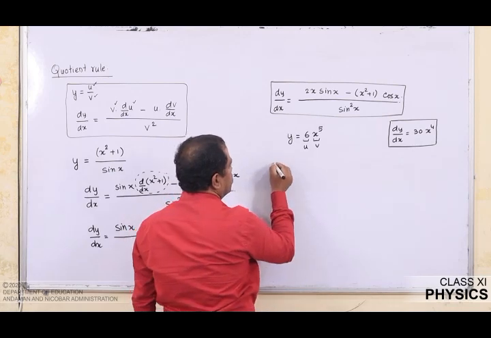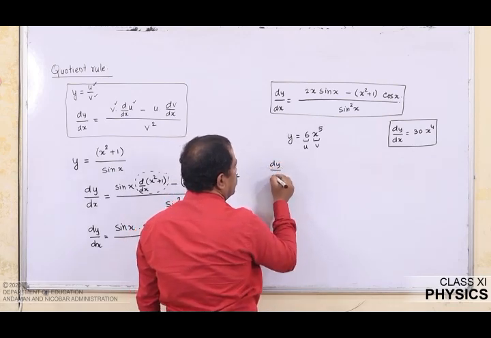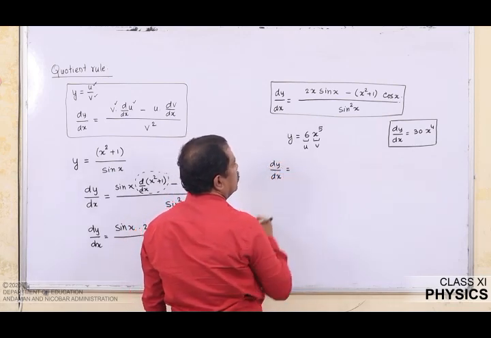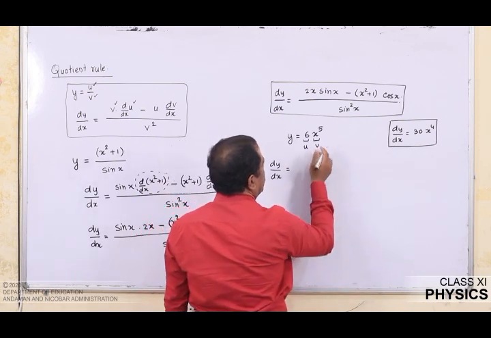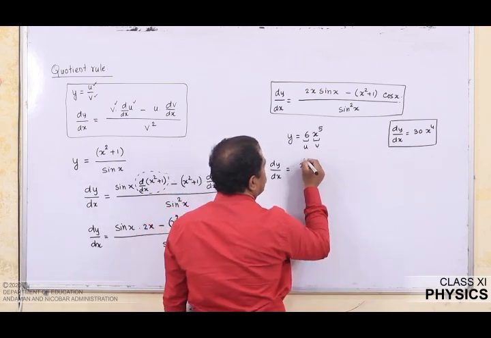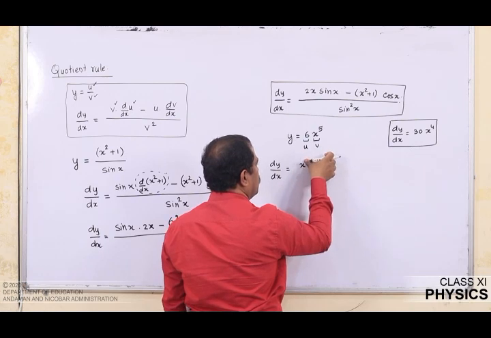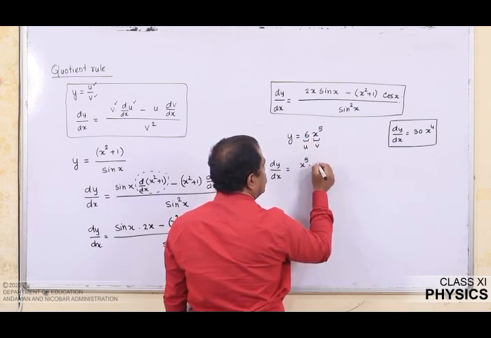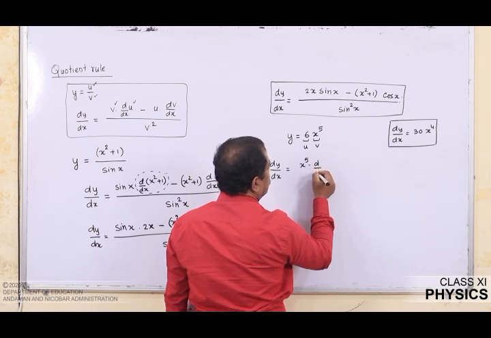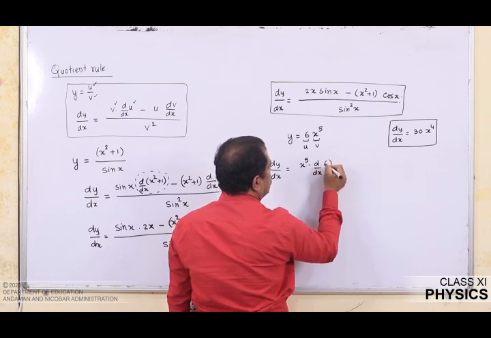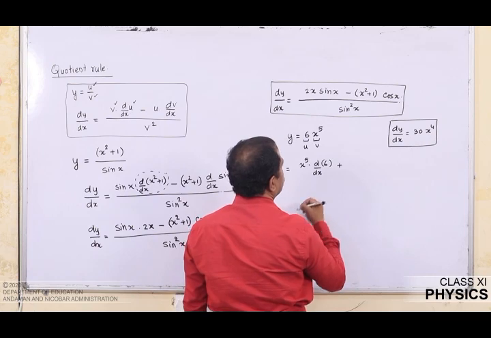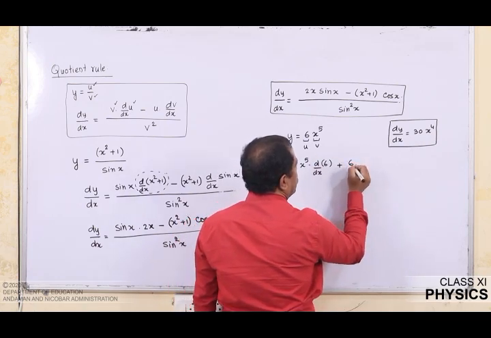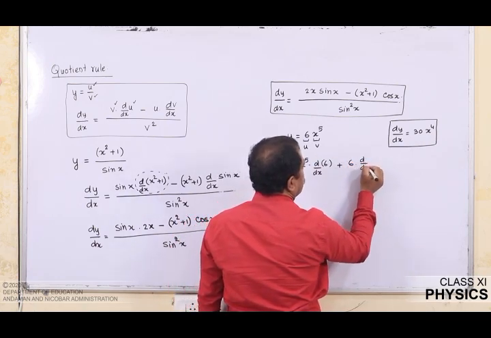So, dy over dx is equal to the second function x power 5 times differentiation of the first function, plus the first function times differentiation of the second.